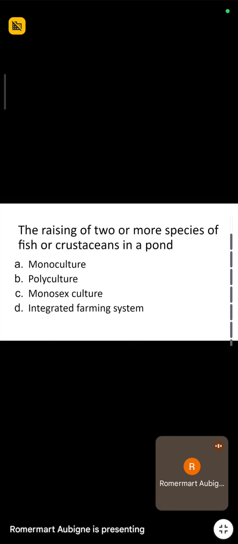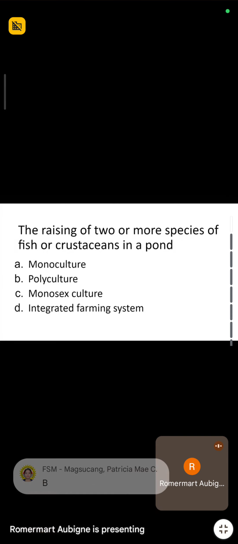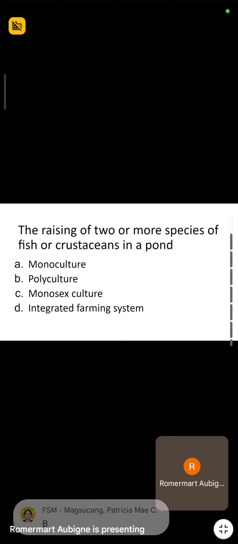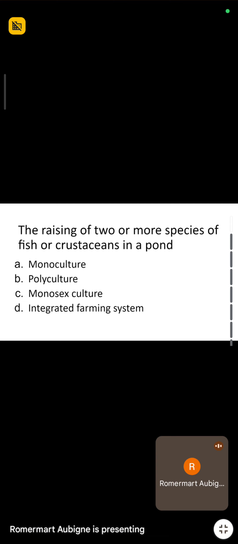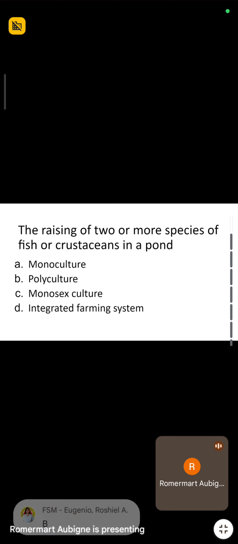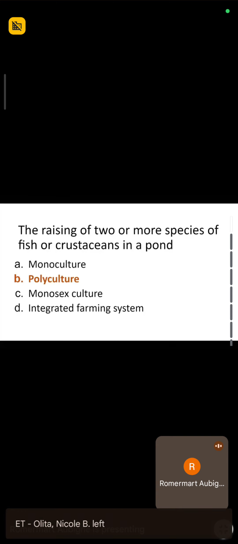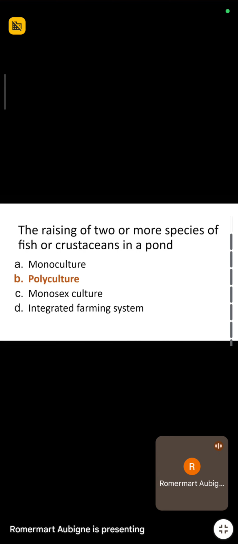Or D. Integrated farming system. The correct answer is polyculture. So sige, simulan muna natin sa monoculture.